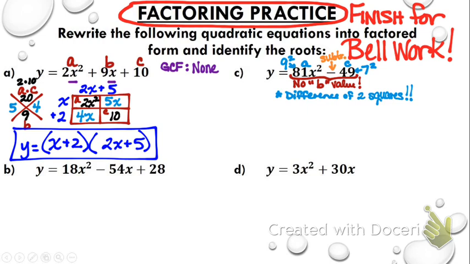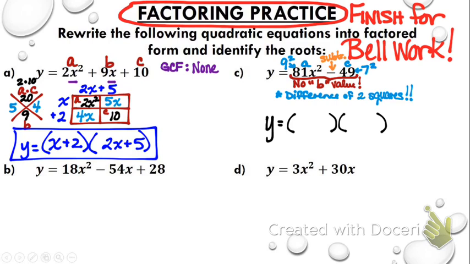We can do the x and the area model for this, but if you have a difference of 2 perfect squares, there's a shortcut that's way faster than the area model and the x. Whenever we have a difference of 2 perfect squares, we are always, always, always going to have 2 factors that are almost identical.